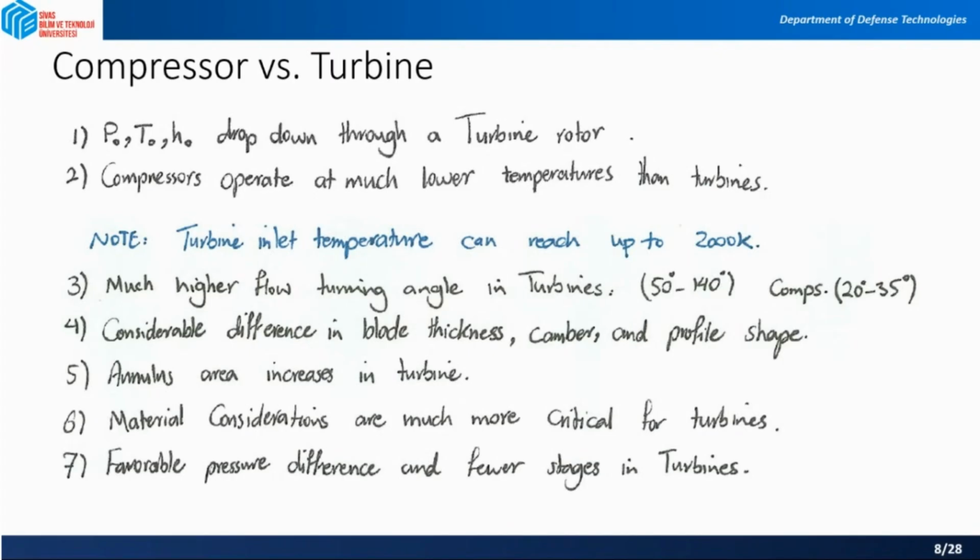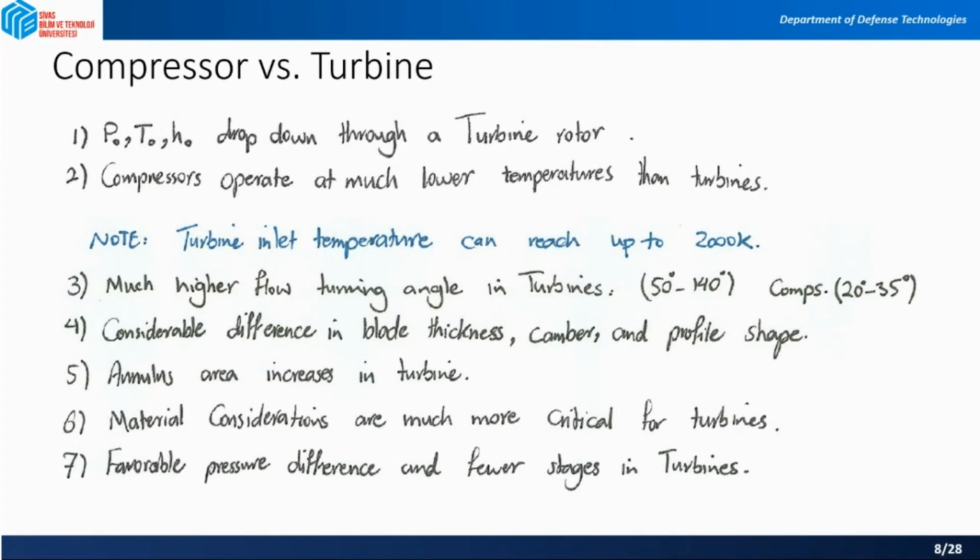And as we have today, we have some turbines where the TIT or turbine inlet temperature can reach up to 2000 Kelvin. We have a much higher flow turning angle in turbines. Compared with compressors that have 20 to 35 degrees of turning angle, the turbines can go up to 140 degrees.